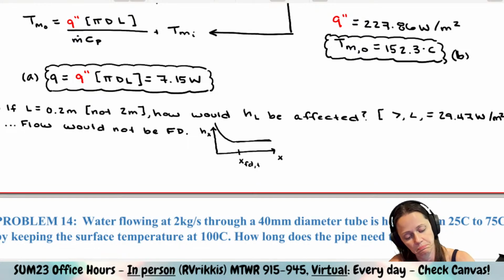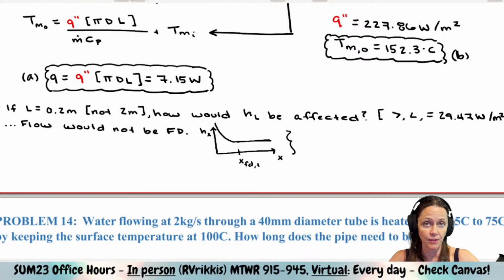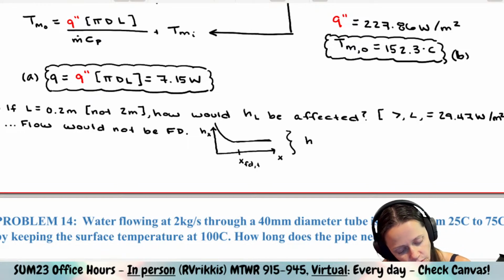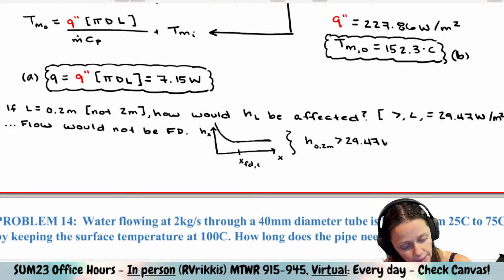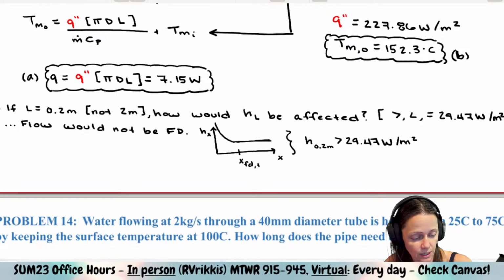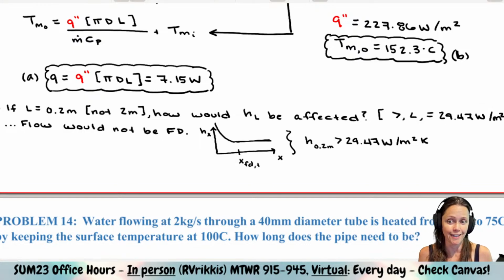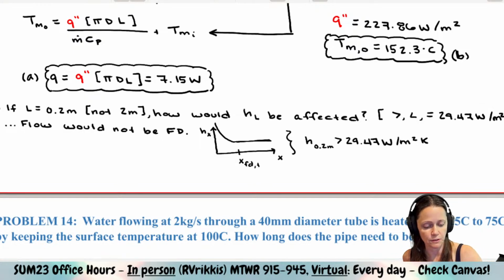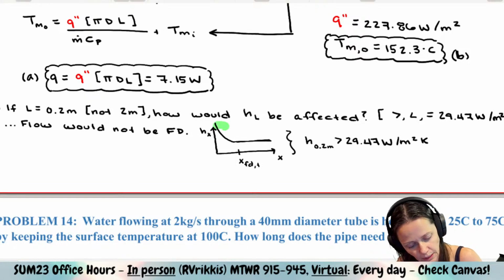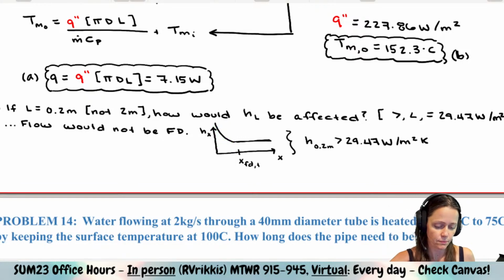So it wouldn't be fully developed, which means it would be in that developing region. So our h value at 0.2 meters would be bigger than 29.47 watts per meter squared Kelvin, because that was calculated assuming fully developed flow. If we're not fully developed, it's going to be in this region right here.